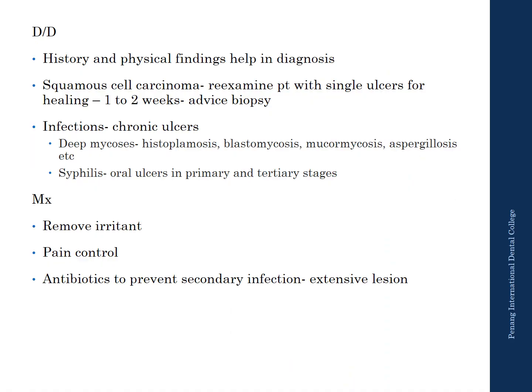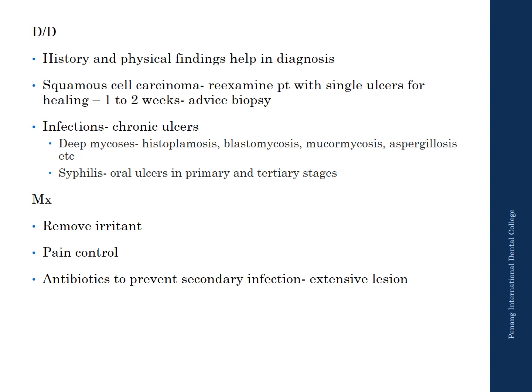For the differential diagnosis of traumatic ulcer, it is important to remember that the history and physical findings help in diagnosis. And squamous cell carcinoma should definitely be ruled out. The patient must be re-examined for healing within 1 to 2 weeks. And if it doesn't heal, the patient must be advised biopsy to rule out squamous cell carcinoma.